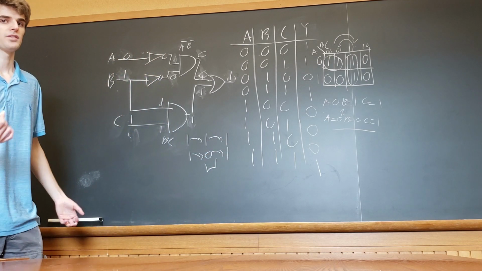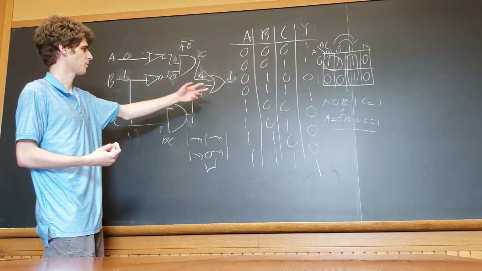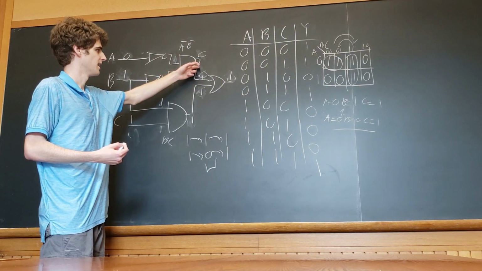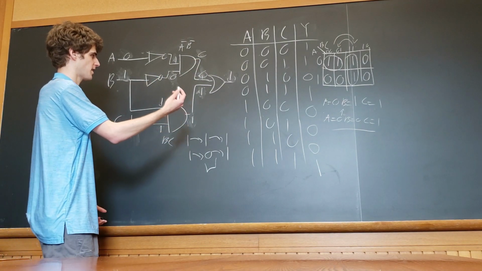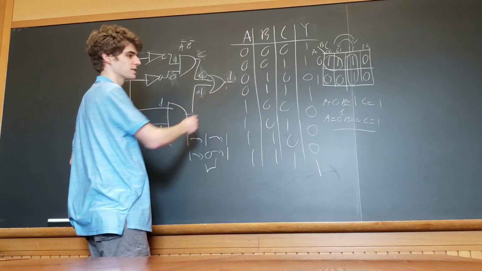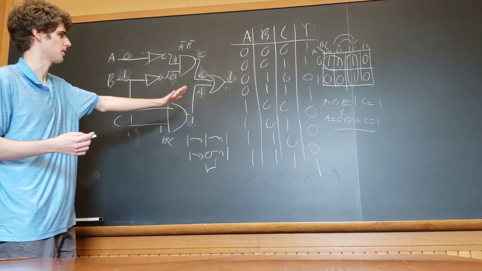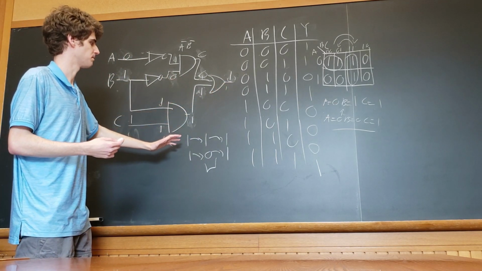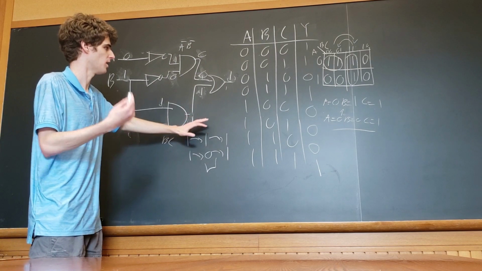Even though there was ultimately a delay with the output of this OR gate and with the output of this AND gate, it doesn't matter because this didn't change. So if you were just a person looking at the output of the circuit, all you would have seen was that you went from 1 to 1, and so nothing changed.